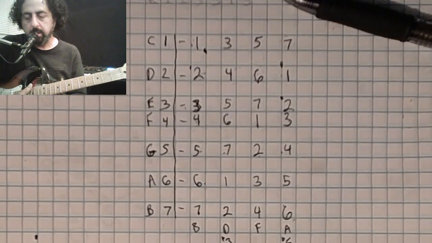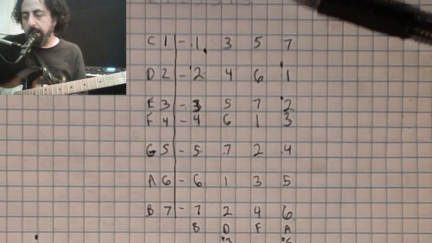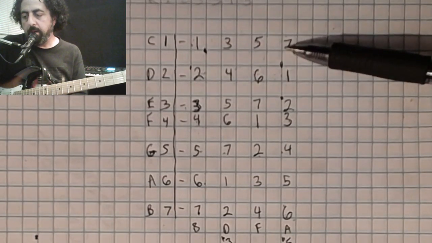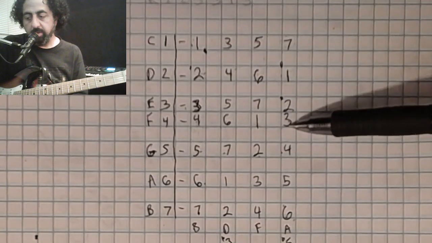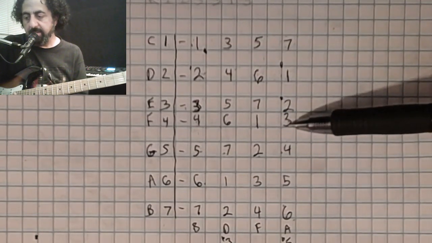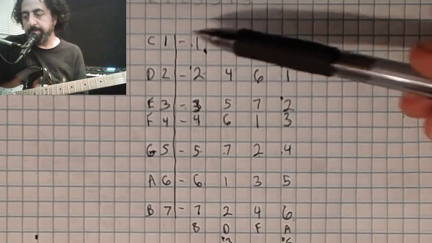We've got, let's say, 1, 4, 5 is real common. And with a 1 and a 4, you've got a 1 and a 3, and a 1 and a 3. You've got the C and the E as the similar notes.